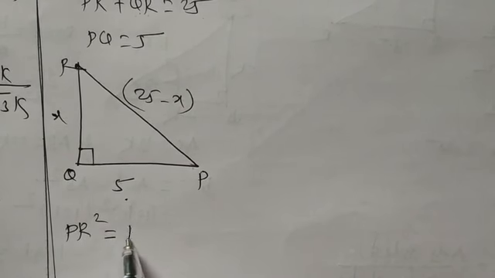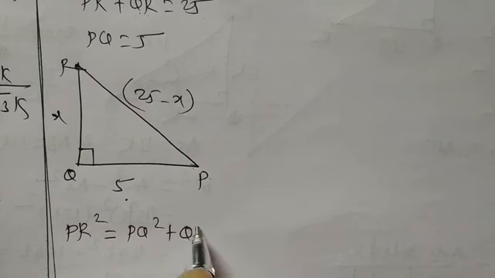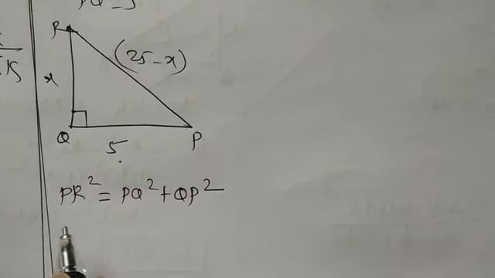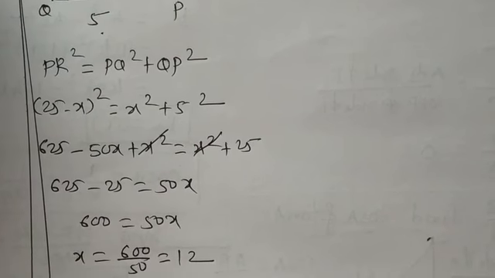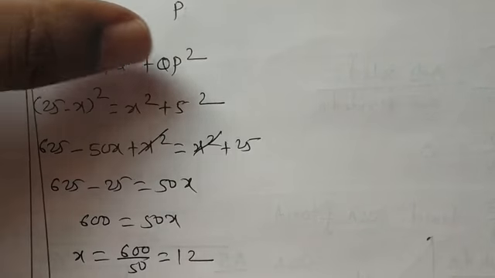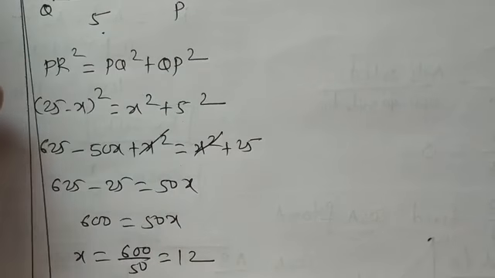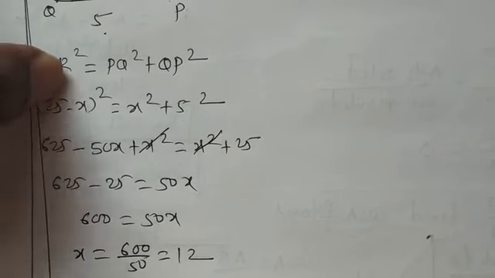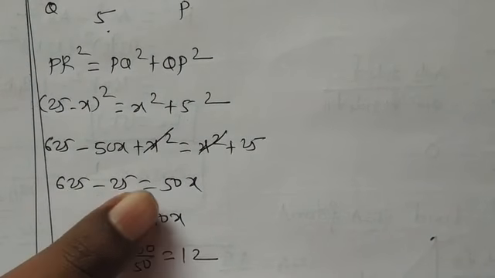Now using the Pythagoras theorem, PR square is equal to what? PQ square plus QR square. So (25 minus x) square is equal to x square plus 5 square. Now expand (a minus b) square, that is a square minus 2ab plus b square.